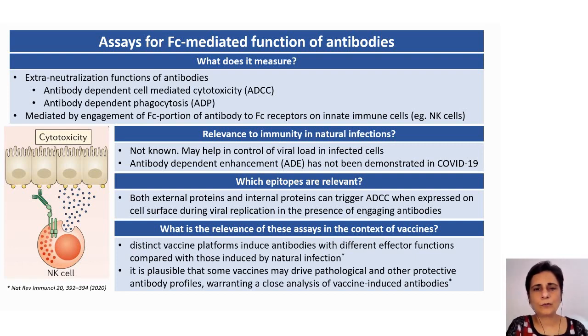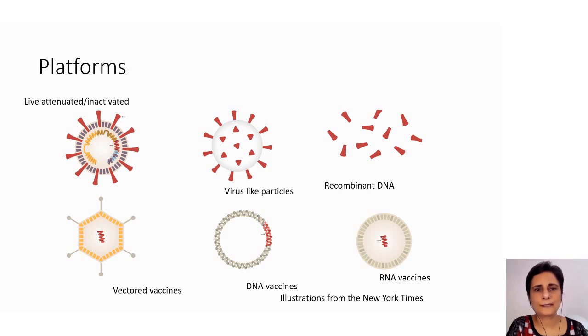Now, what are all the different kinds of platforms that are being used to make vaccines? We have live attenuated and inactivated vaccines that consist of the whole virus. We have virus-like particles. We have just the protein subunits.